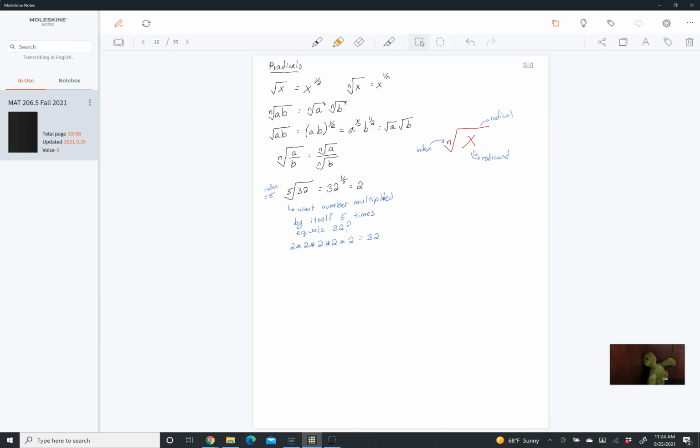For your powers of 3, I would know 3 squared is 9. I would know that 3 cubed is 27. 3 to the 4th is 81. And 3 to the 5th. Actually, you probably don't even have to go up to 3 to the 5th, but 3 to the 5th is 243.